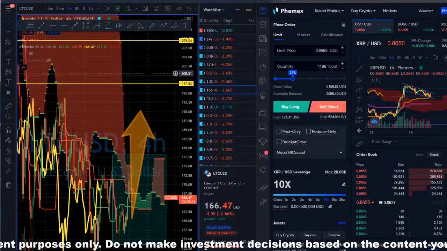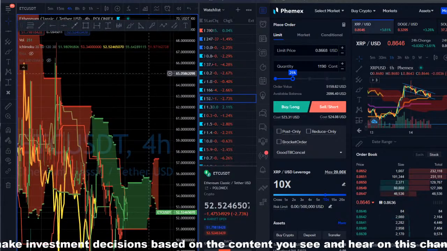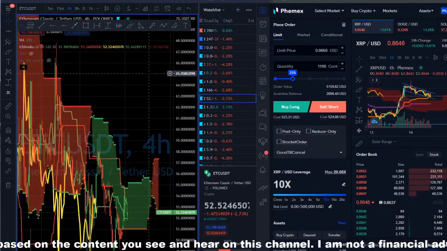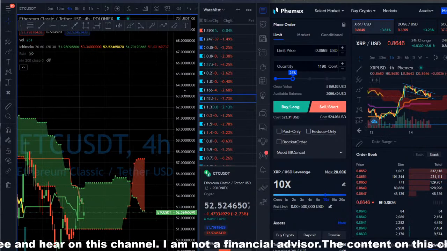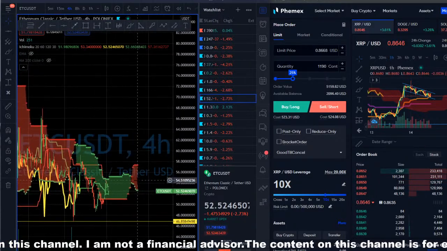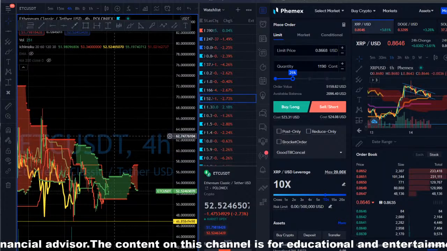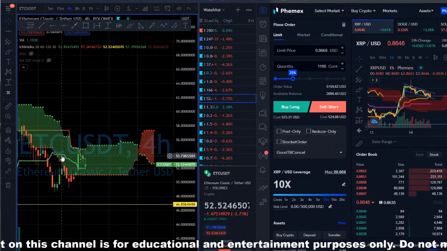LTC, nothing yet. Okay, so you're seeing like red, right? So you're seeing red right here on the Ichimoku. Anytime you see red here, it's bearish, okay? So I'm gonna show you how this works.